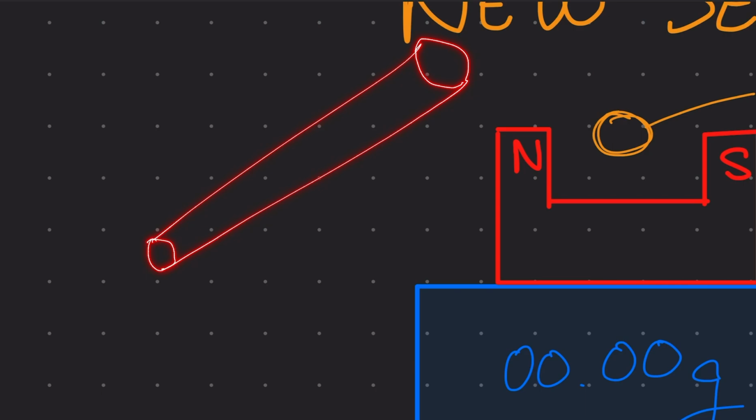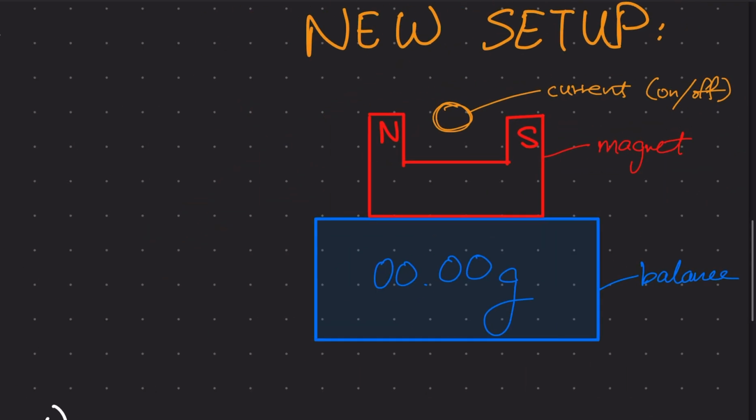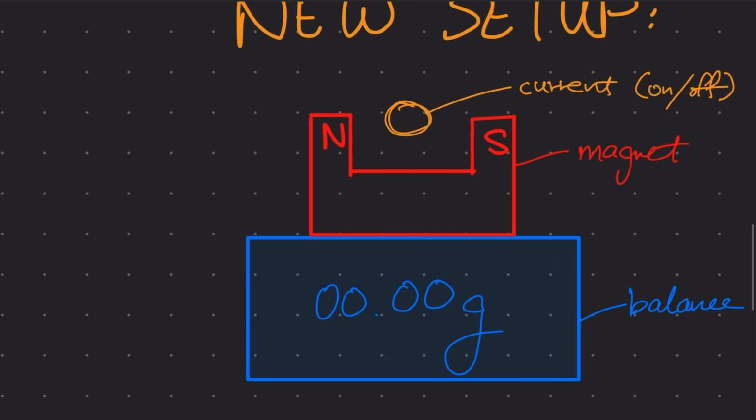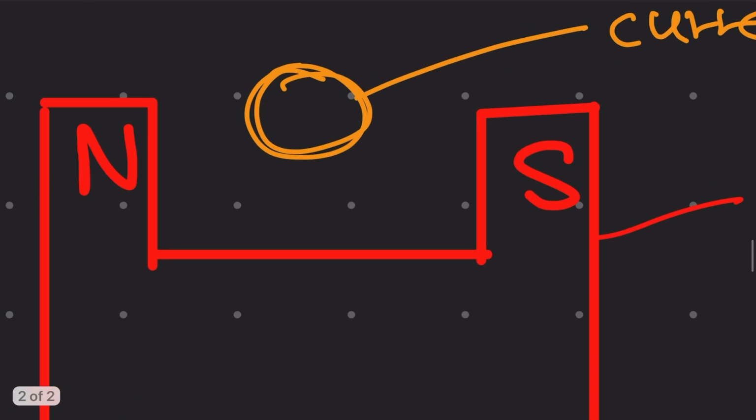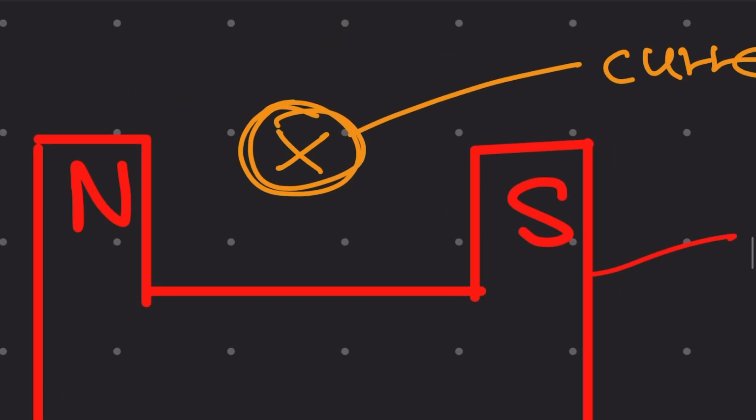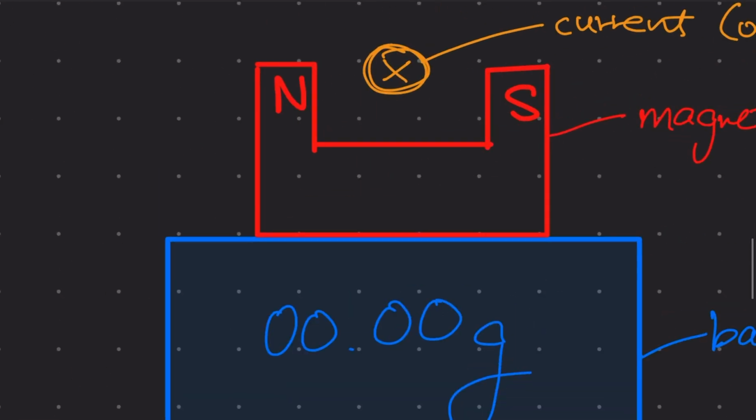This is the cross section of the wire. Just imagine it that way. And if I connect it to a power supply, the current will be going into the page. And obviously, let me draw a field line right here. This is the magnetic field line.